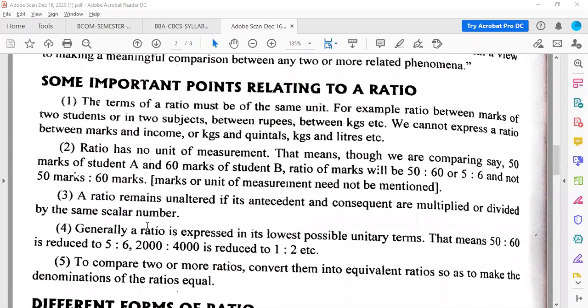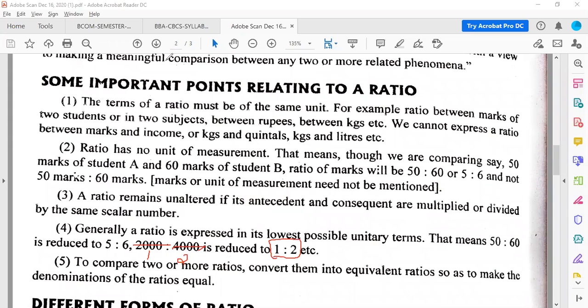Then generally a ratio is expressed in its lowest possible terms. That means this 50 is to 60 is reduced to 5 is to 6. Now if you see 2000 is to 4000, you can easily write this as 2 is to 4, which reduces further. The lowest possible number that you can give for this is 1 is to 2.